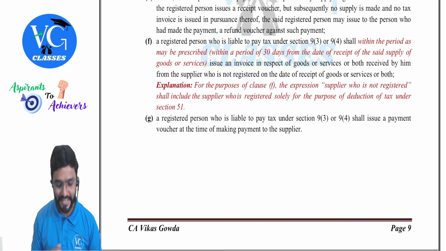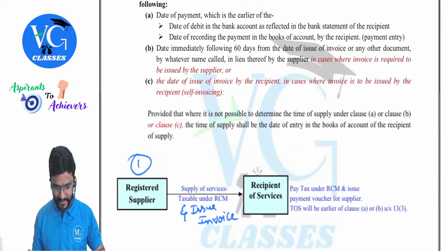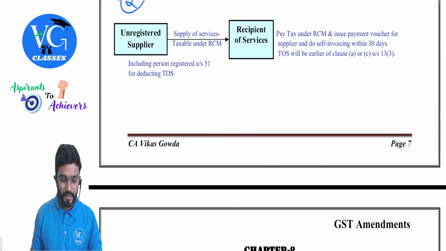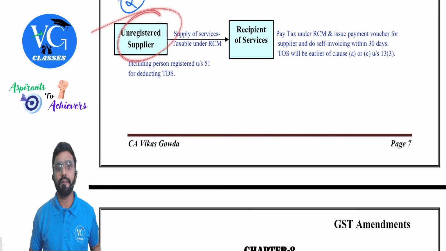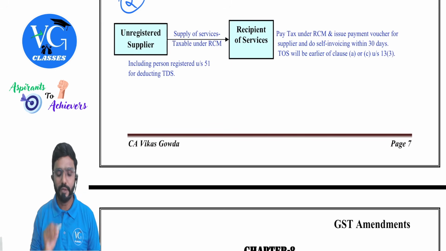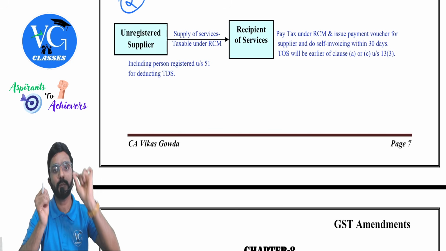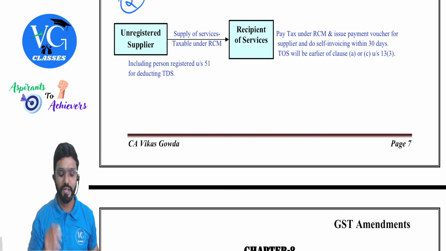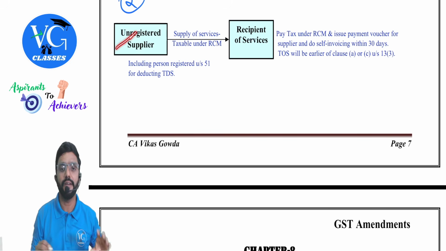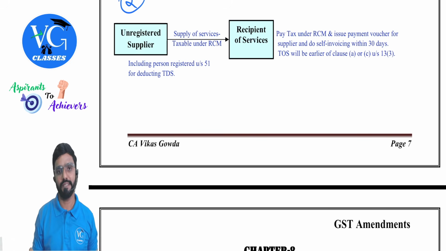I have given it here in this chart. Assume this guy is registered, but only to deduct TDS. He is not providing any taxable outward supply. In that case, for section 31 subsection 3 clause F, even though the supplier is registered, consider him as unregistered.